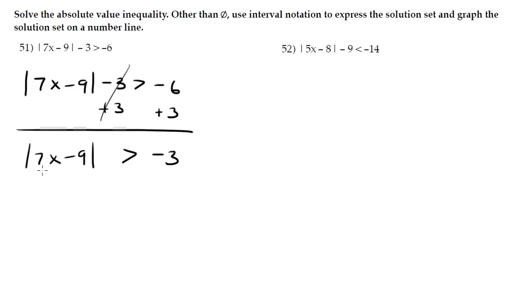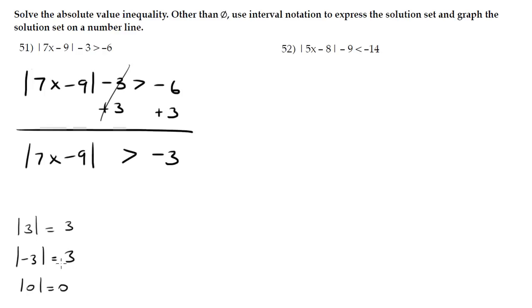So if I have an absolute value greater than a negative number, if we remember the absolute value, like the absolute value of 3 is positive 3, the absolute value of negative 3 is also positive 3. This absolute value, no matter what I have inside the absolute value symbol, will always output 0 or a positive number.